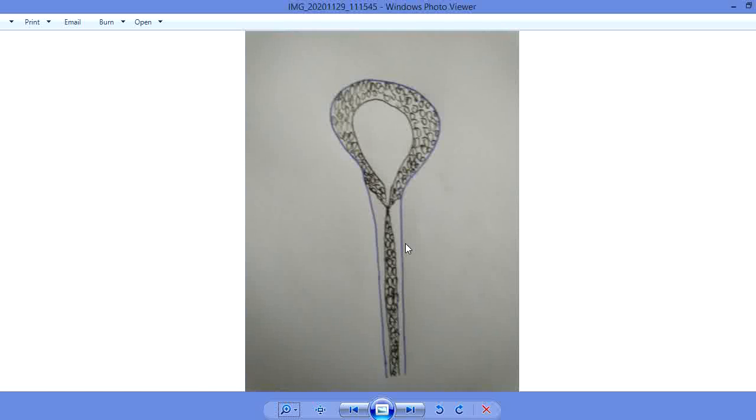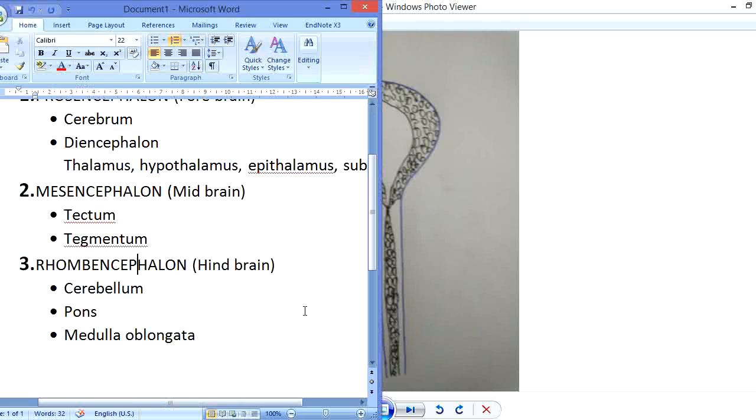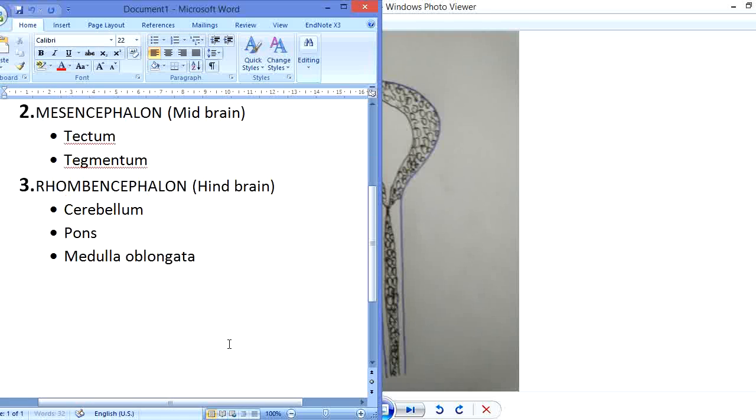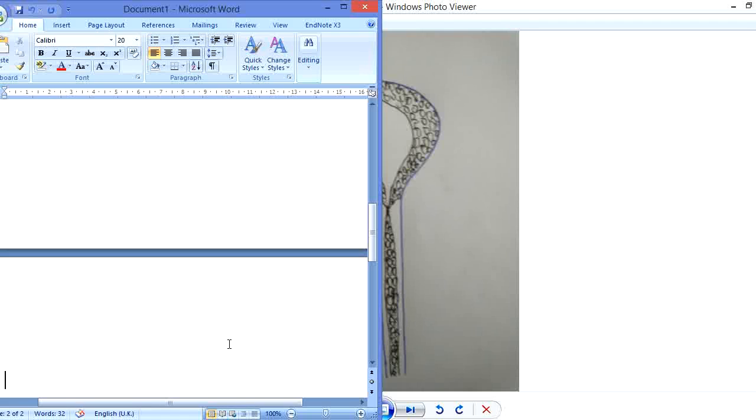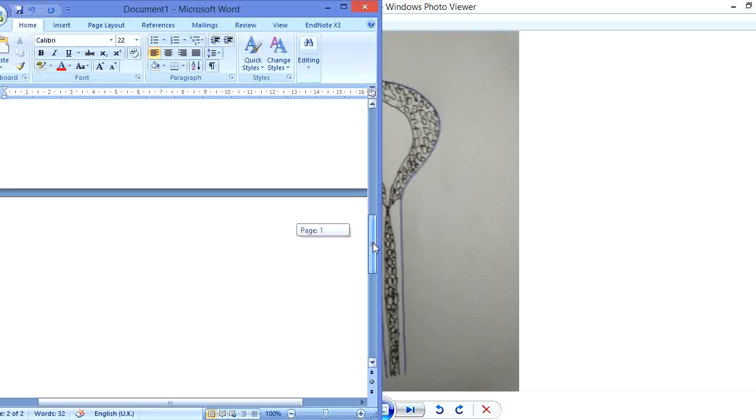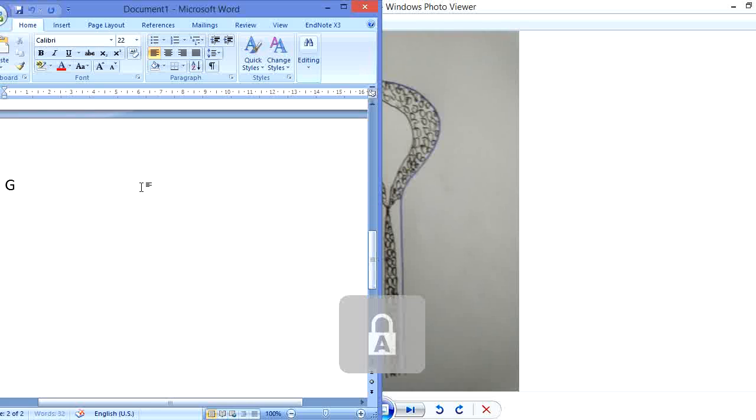What is the difference between gray and white matter? Gray matter and white matter are just the names given to parts of the brain.